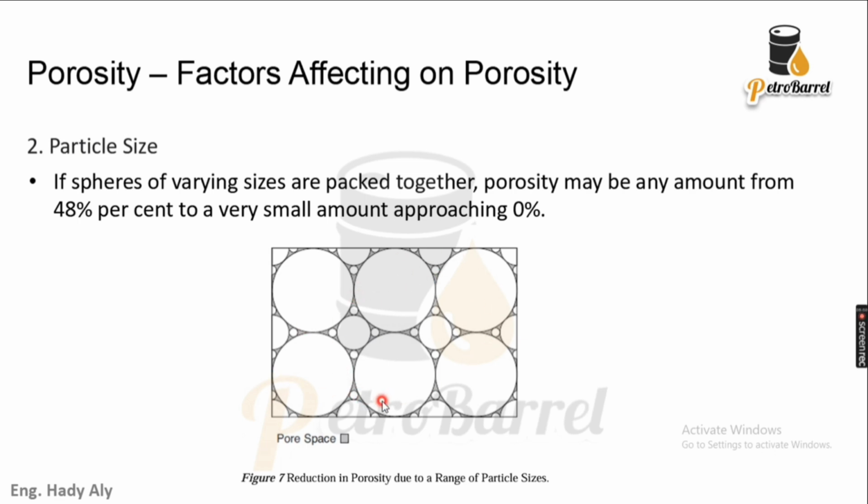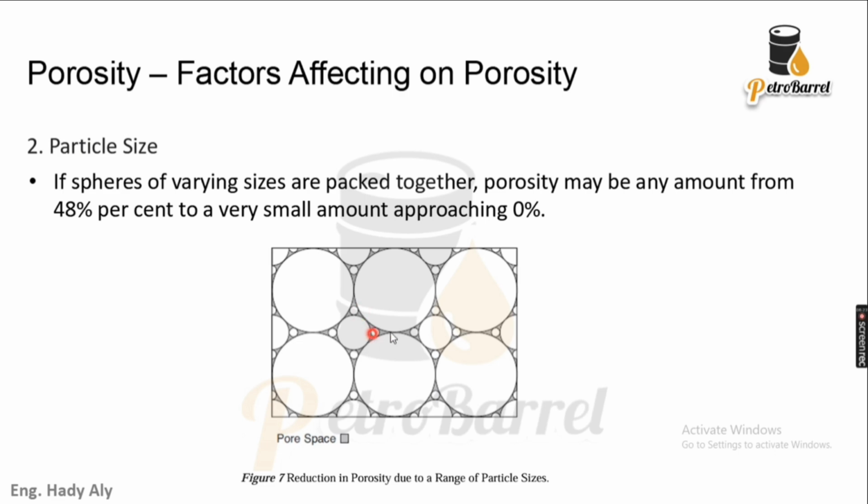Based on this condition, at which I have high variety of particle sizes, it gives me very low porosity, tending to be very near 0 or 5% and so on. Why? Due to high variety or different sizes of the particles.